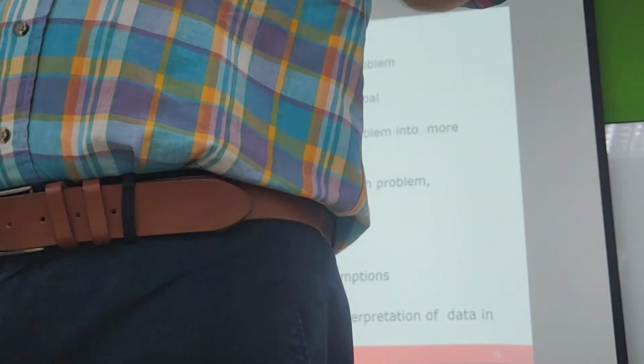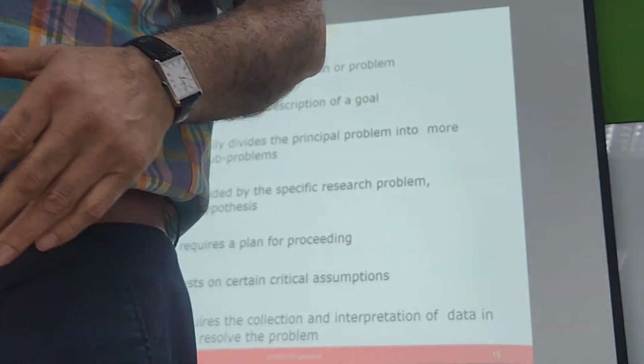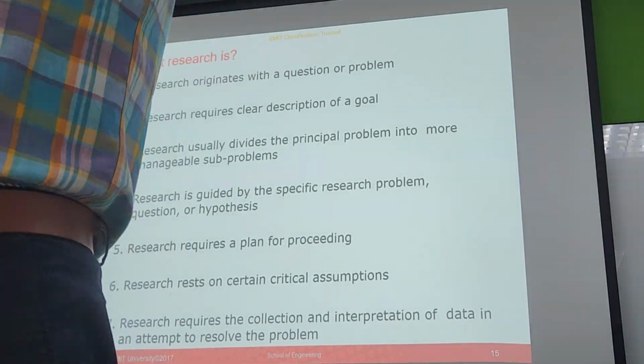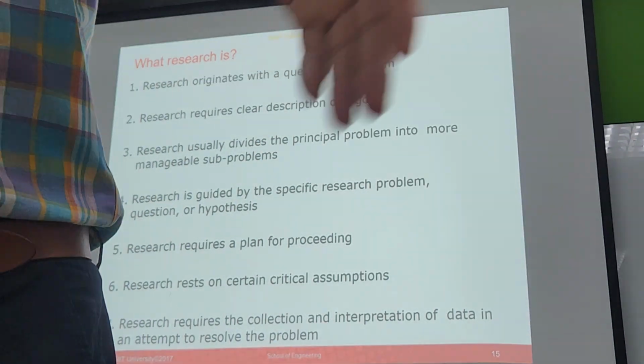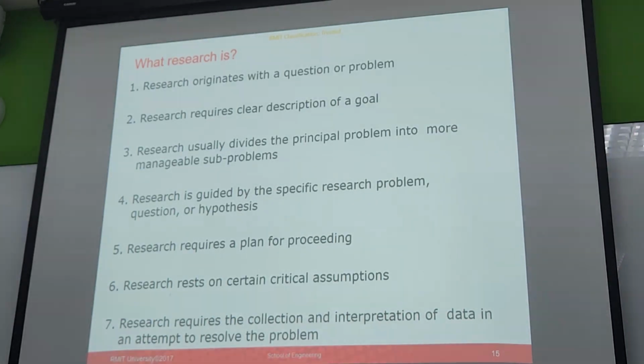We can say 32 years old is very good, or this and can do this or that. This is information. So our job is this. Research requires collecting data and then interpreting the data in an attempt to resolve the problem. This is our job as a researcher.